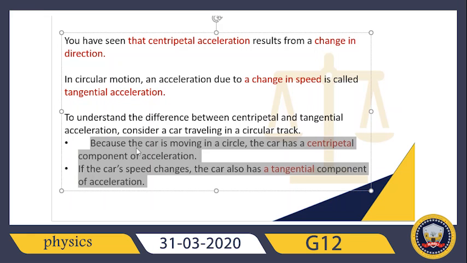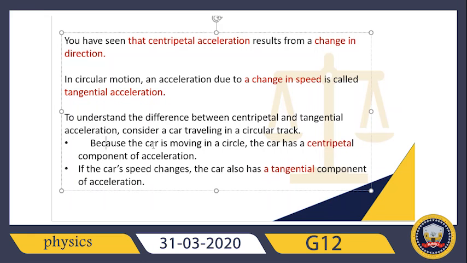Because the car is moving in a circle, it has centripetal acceleration, even with constant speed, because the direction changes. Now, if the car's speed changes, that means we have tangential acceleration. So tangential acceleration results from change in speed, and centripetal acceleration results from change in direction.